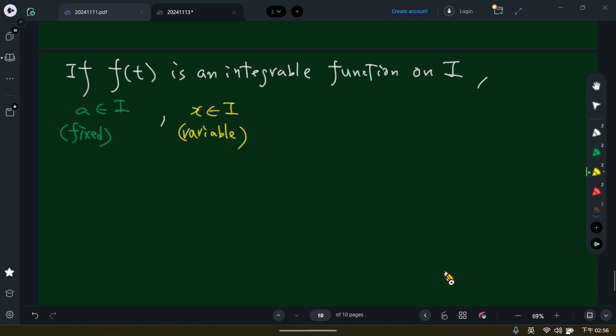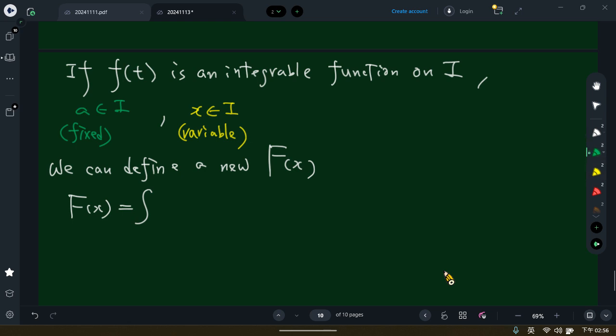Okay? So we can define a new function, big F of x. We define it as F of x is equal to the integral from a to x of f of t dt.